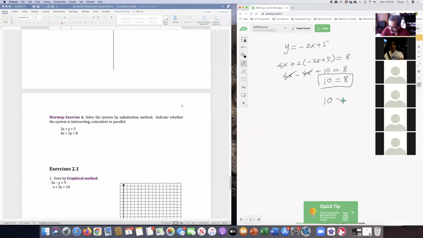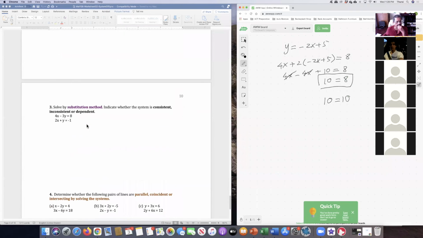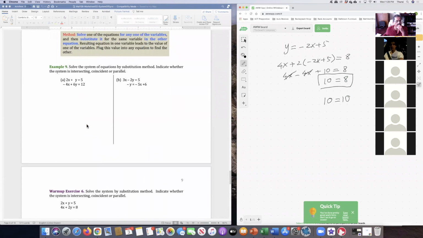You'll end up with something valid. And that means they are coincident. So there are infinitely many solutions. Okay, I'm done. We don't need to do these exercises. That's for additional practice. So we are finished.